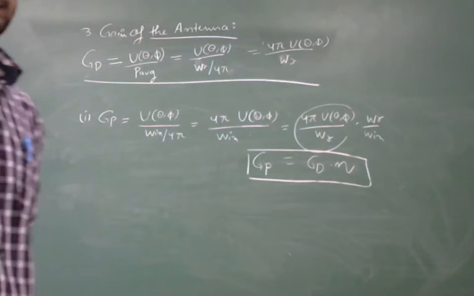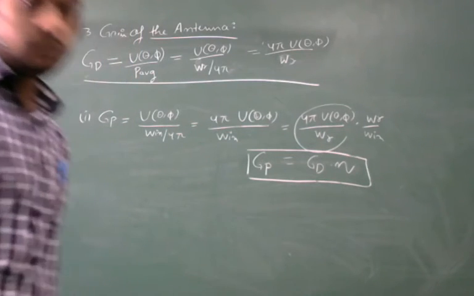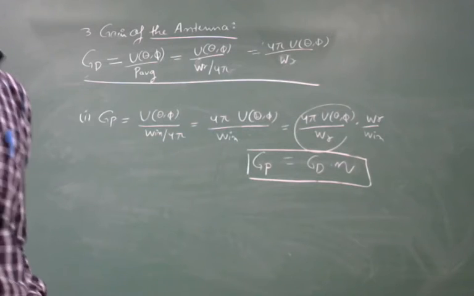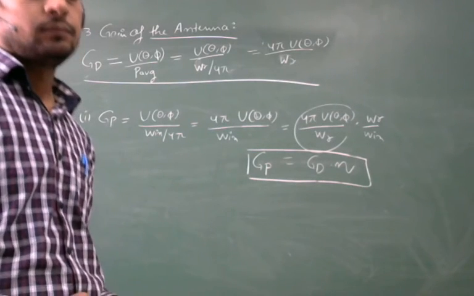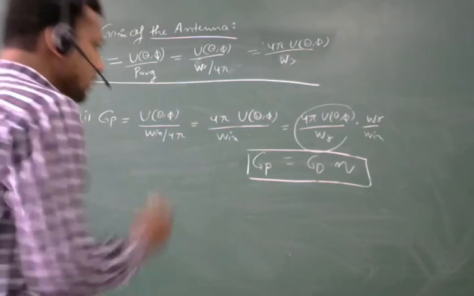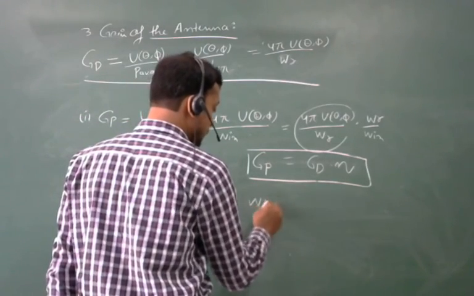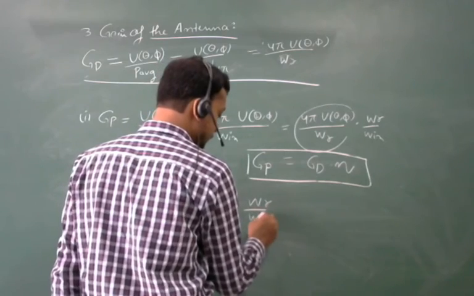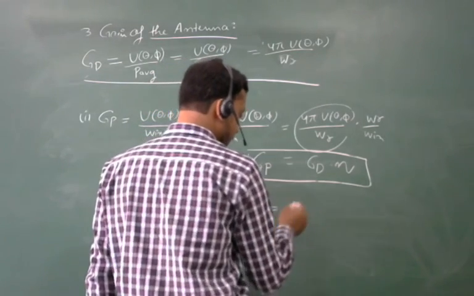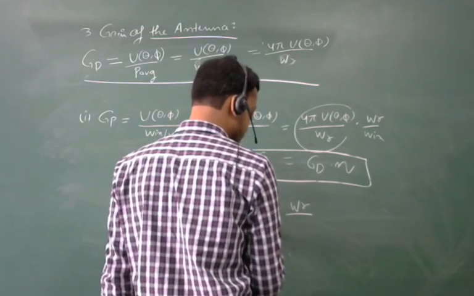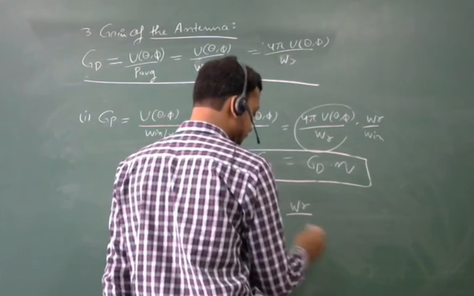Here, efficiency is W R upon W input. The input is a combination of the radiated power and the losses.